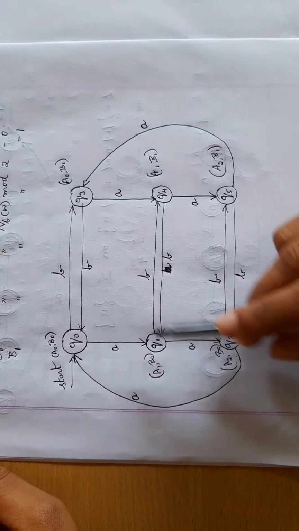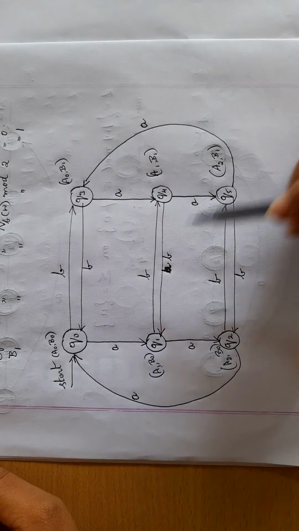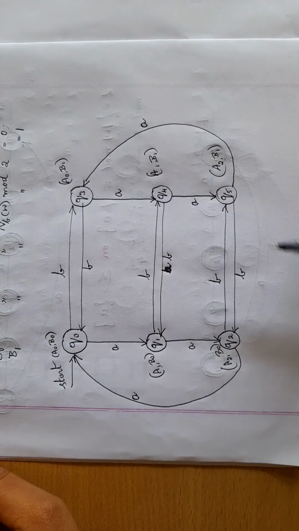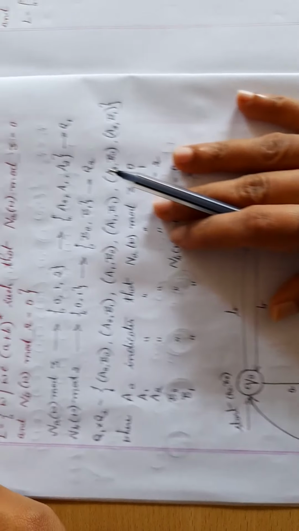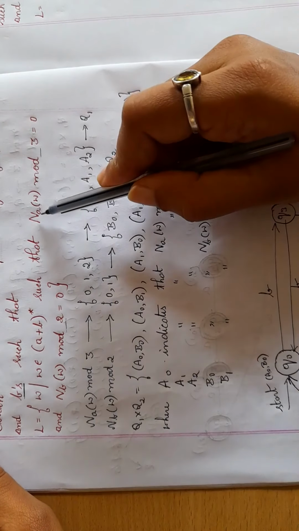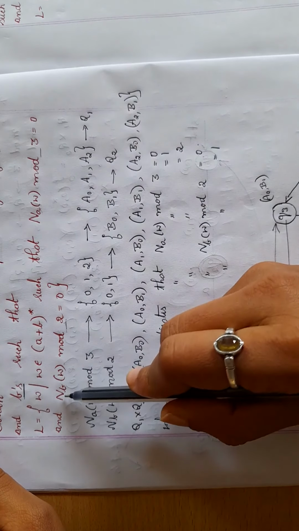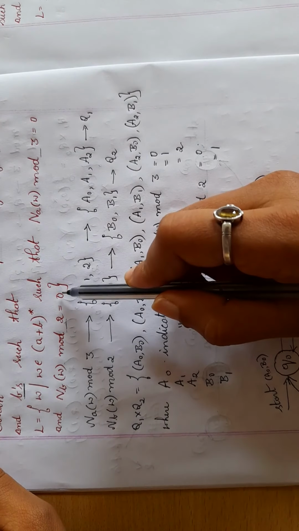Now you need to know which is the final state. You have not written the final state yet. So which will be the final state here? You can see the question. I'll tell you in a simple way how to write the final state. NA of W mod 3 is 0, and NB of W mod 2 is 0.